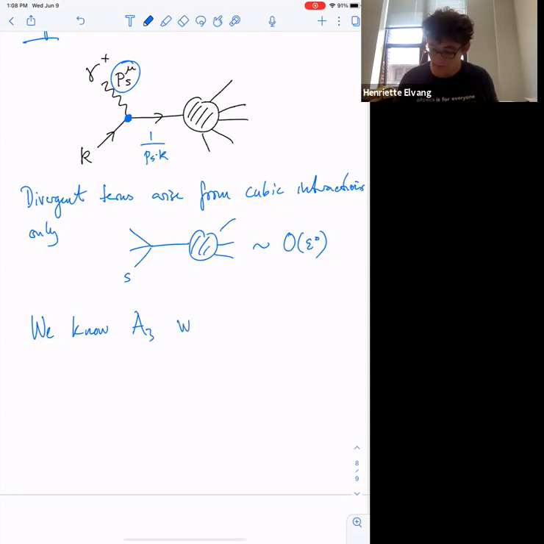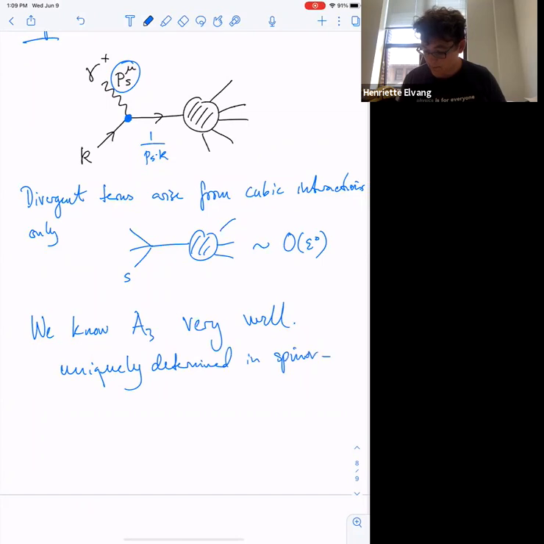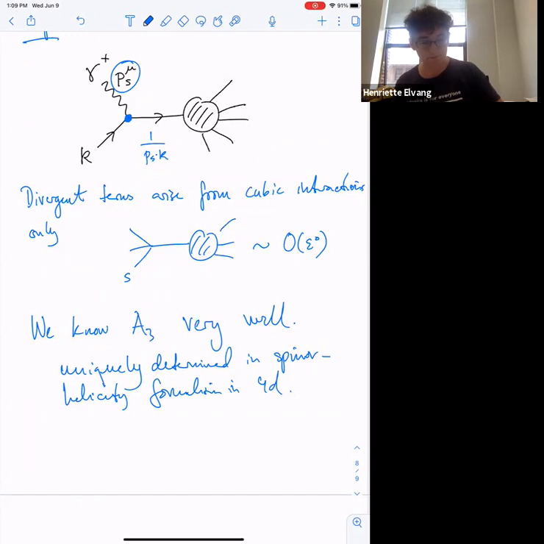So we know the 3-particle amplitudes very well because we know for massless particles, they're uniquely determined in the spin helicity formalism. And that was one of the things we saw last time. And this indeed will come in and we'll use it.